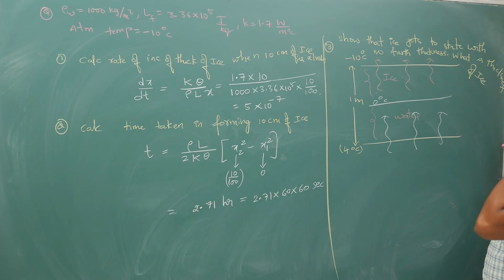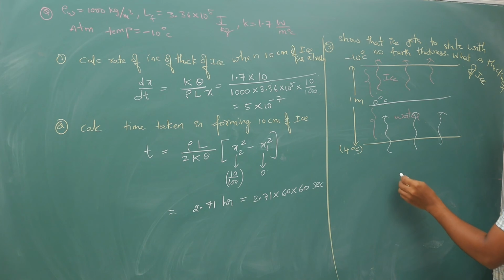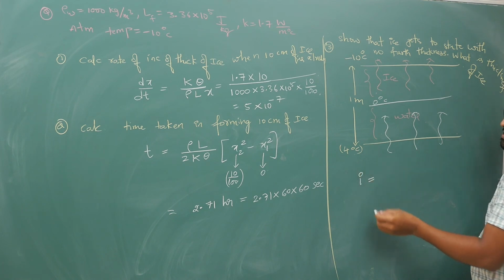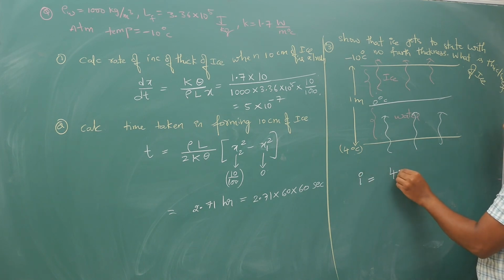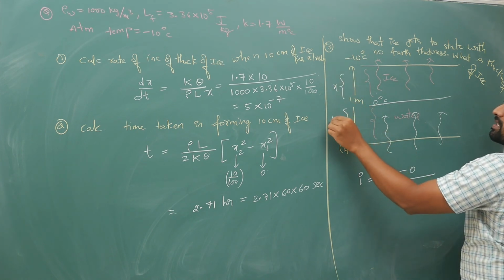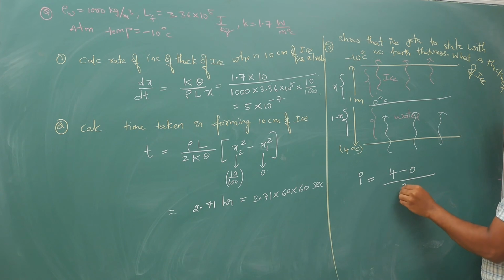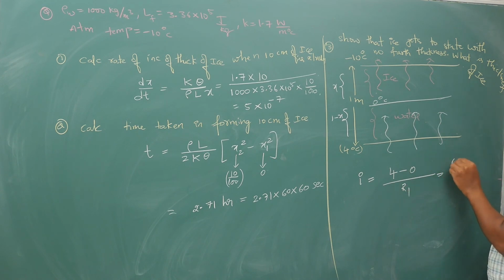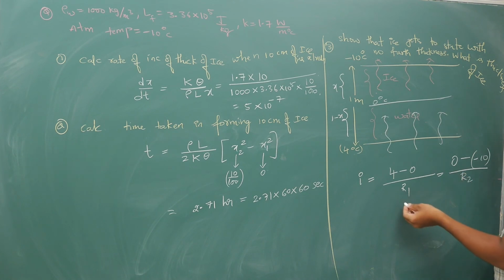Because this can only give a limited amount of heat, your current I is temperature difference 4 minus 0 by R1, if this part is x, this part will automatically become 1 minus x. That is equal to 0 minus of minus 10 by R2. R is L by KA.